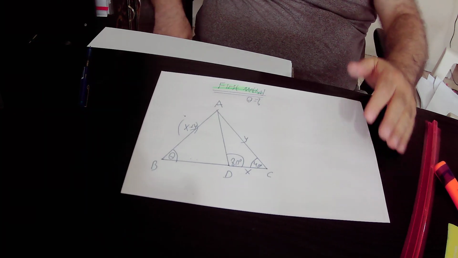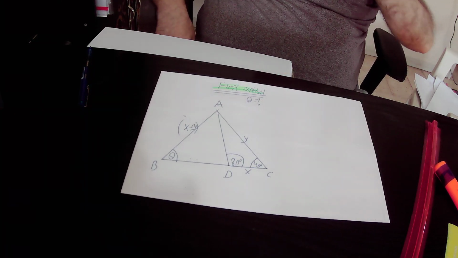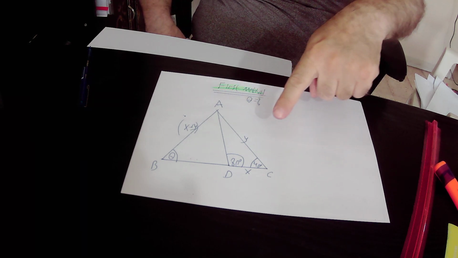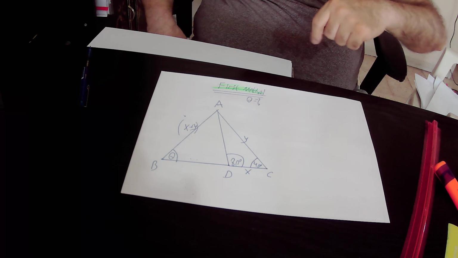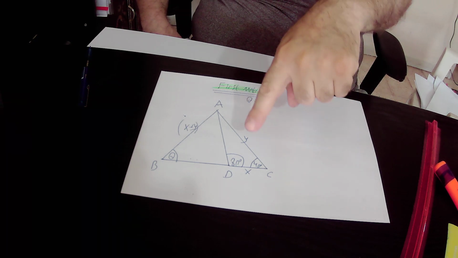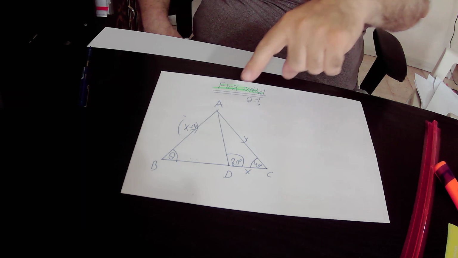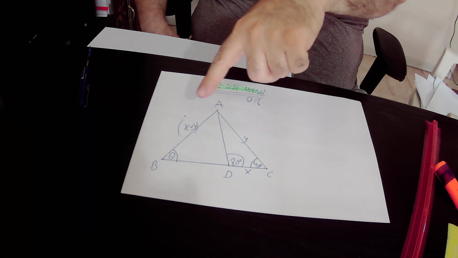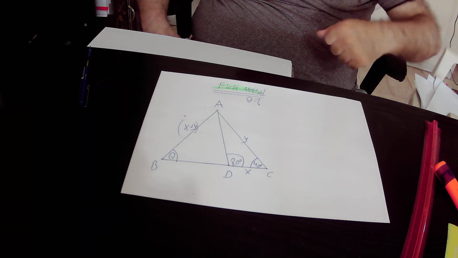So in the drawing we have triangle ABC, side AB equals x plus y, side AC equals y, side DC equals x, angle ACB equals 40 degrees, angle ADC equals 80 degrees, and our mission is to find the size of this angle theta that is also equal to angle ABC.